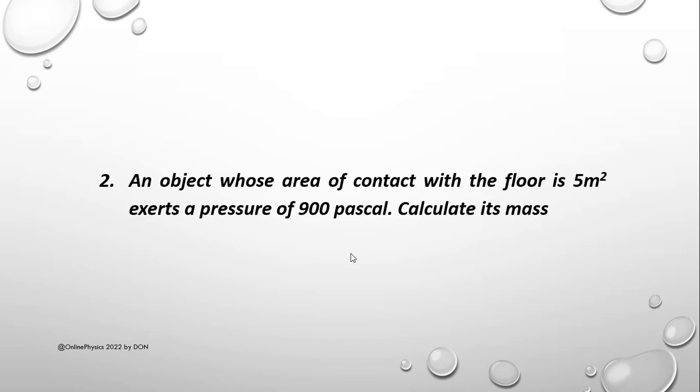An object whose area of contact with the floor is 5 square meters exerts a pressure of 900 pascals. Then we are supposed to calculate its mass. So looking at this question, it has given us the area of contact and it has given us pressure.